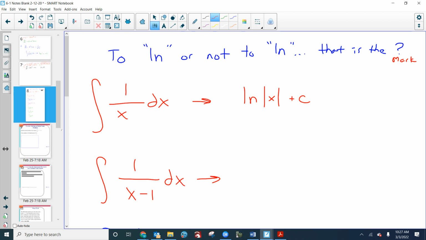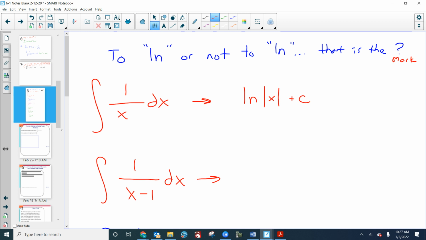And if 1 over x is the derivative, what's 1 over x's domain? All real except for 0. I go up a layer. The derivative of this thing had to be all real except for 0. Uh-oh. ln's domain is greater than 0. Slap an absolute value on there. They match. So that is the correct antiderivative. Make sure you put absolute value. They like to test that.